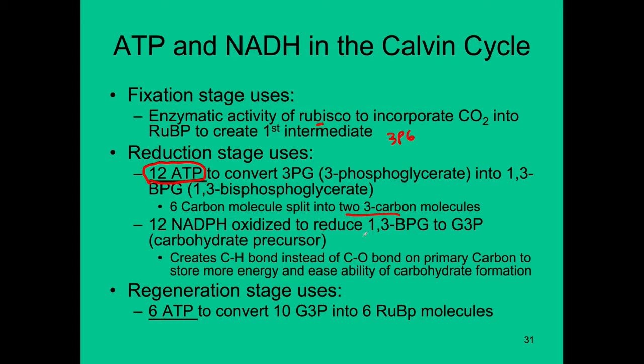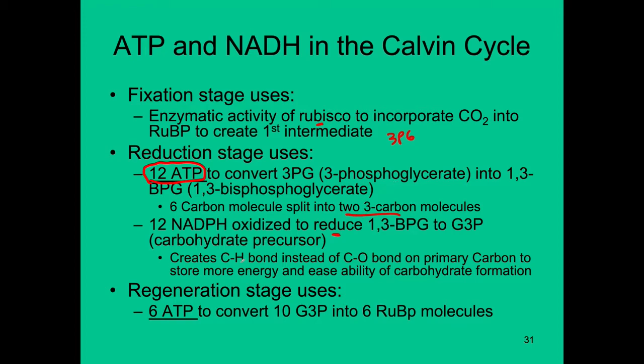We then use 12 NADPH to reduce. The NADPH are oxidized themselves, and those electrons are going to reduce that 1,3-bisphosphoglycerate into G3P. That's that carbohydrate precursor. That's going to go out into the cell to become a glucose molecule.